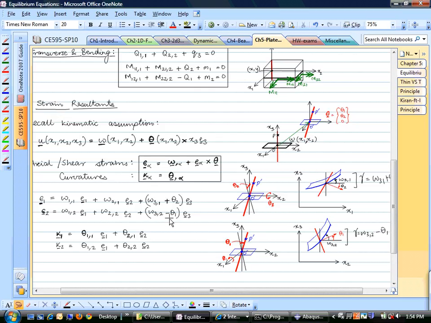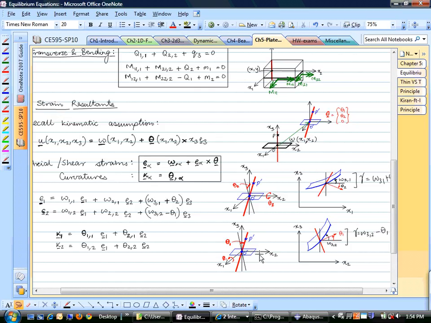So all these quantities have a clear physical interpretation in this case. And similarly, the curvatures also. The rate of change of rotation theta 1, as you pull it out in the one direction, is going to be a torsional mode for the plate. Similarly, theta 2 cross theta 2 is going to be a torsional mode for the plate in the two direction.